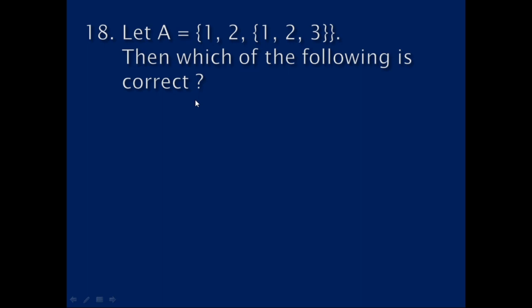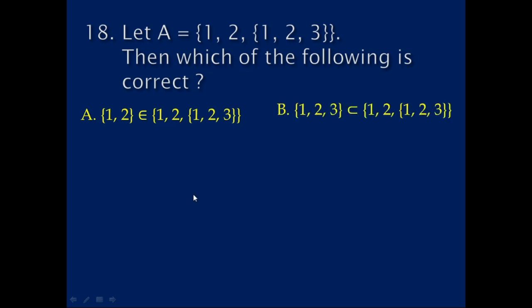A, set {1, 2, 3} belongs to the set A. Option B, set {1, 2, 3} is a subset of set A. Option C, set {1, 2, 3} belongs to the power set of A. And option D, 3 is an element of the set A.